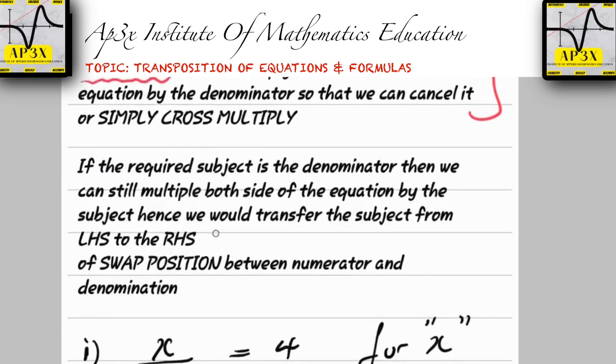That covers this section. Or you could use what is known as a swap position technique. When your intended subject is in the denominator, you can use a very simple method by swapping the denominator with the opposite numerator.